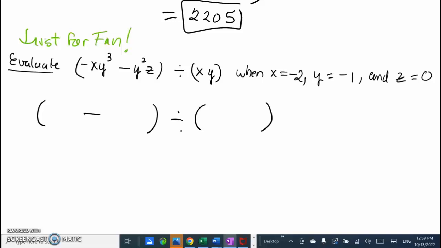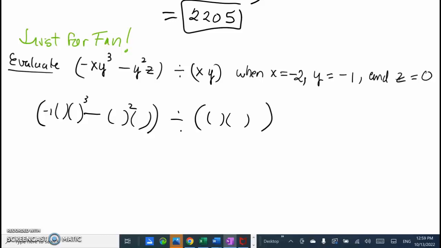Now within the parentheses, it gets a little complicated, so let's put in our operations first. So I have a subtraction sign there. All right, now on the left side of this subtraction sign, we have a negative 1 times x times y cubed. On the right of the subtraction sign, we have y cubed times z to the 1. On the right of the division sign, we have x times a y.